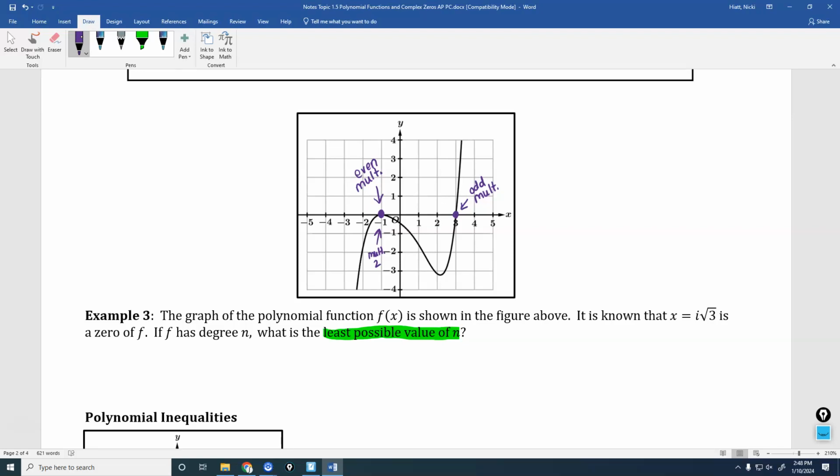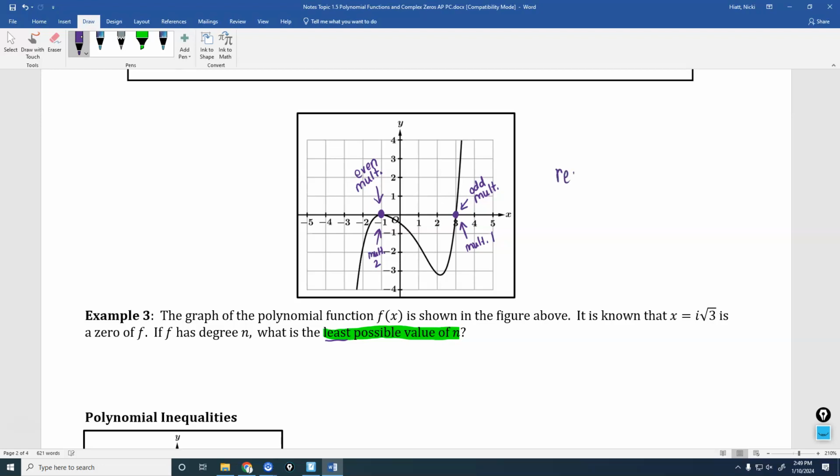It has to be an even multiplicity. Right here, I would assume my multiplicity is 1. Now, it could be 3, it could be 5, it could be 7, it could be any odd number, but the question is asking me about the least possible value of n. So I'm going to pick the lowest odd number that I can find here.